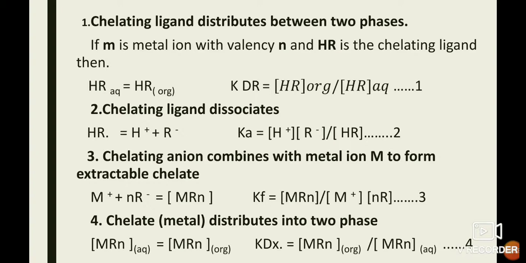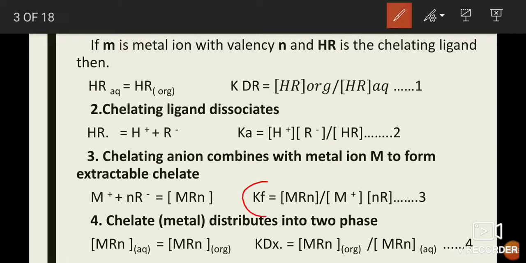Chelating anion combines with metal ion to form extractable chelate; this is also called the formation constant. Symbol Kf is equal to the concentration of MRn divided by the concentration of M plus times the concentration of R minus to the power n.